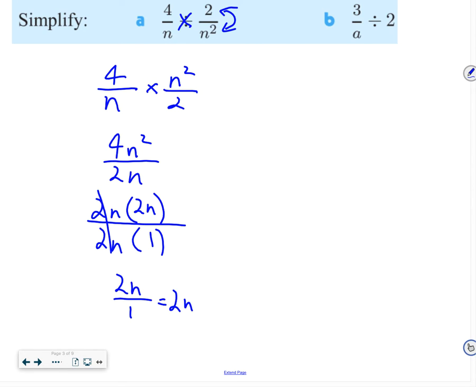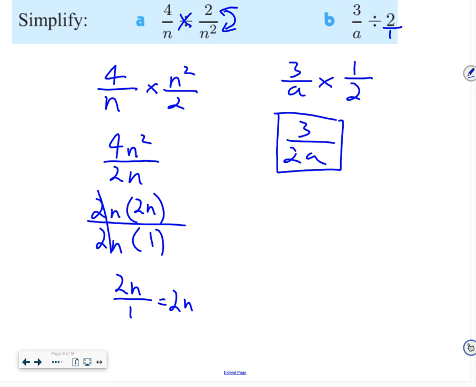Okay, my next one, if I do 3 over a, change it to multiplication. This was over 1, so as I flip it, it's 1/2, because dividing by 2 is the same thing as multiplying by 1/2. Now I multiply straight across, so I get 3 over 2a. No common factors there, so that is my simplified form.